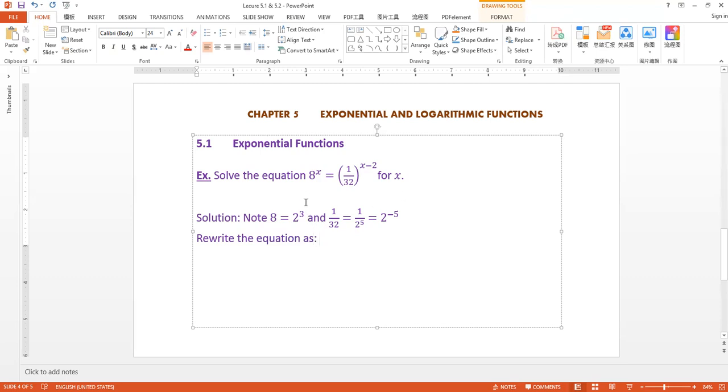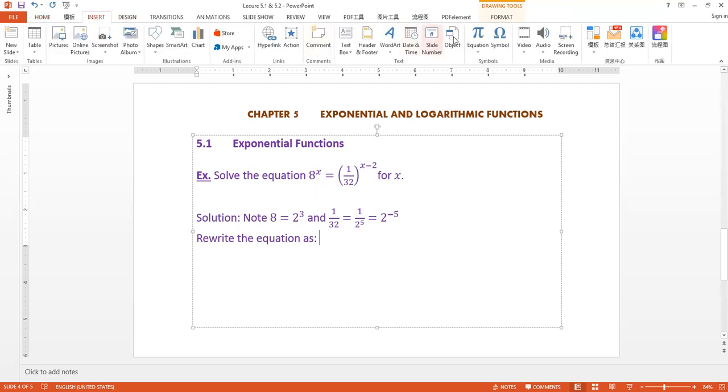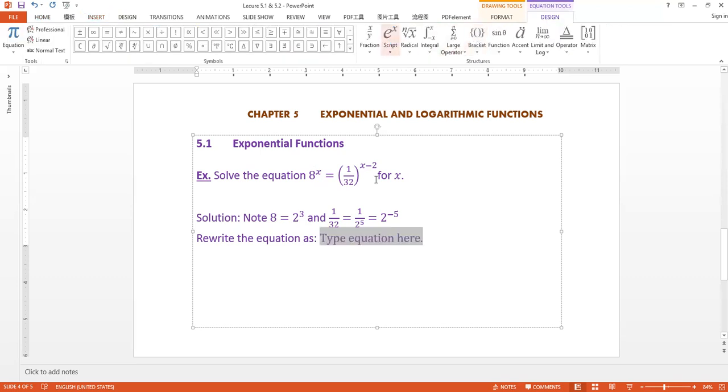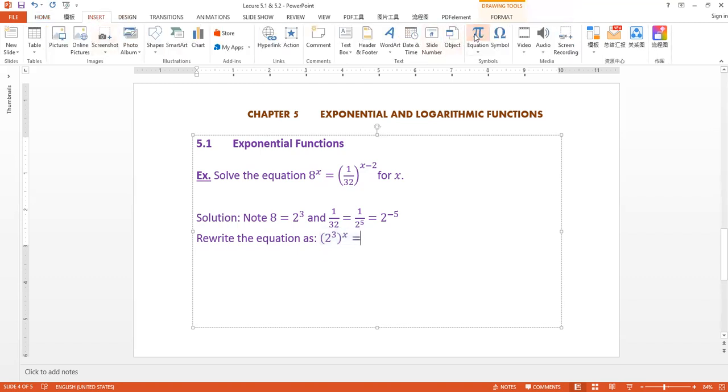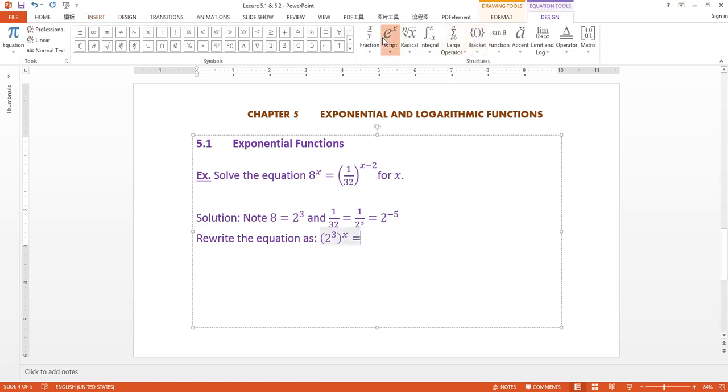We have 8 to the x, so that's 2 to the cube to the x, because that's just the 8 inside. And then on the other side, we can write 2 to the negative 5 to the x minus 2, because 1 over 32 is just 2 to the negative 5, right?